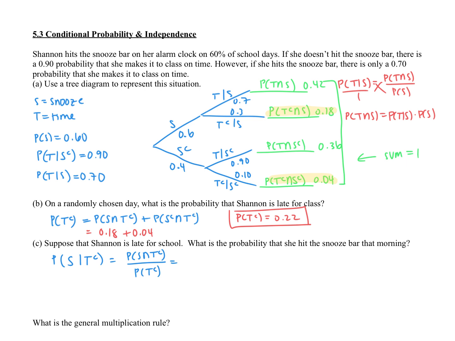Well, S and T complement, that's on the tree. So S and T complement, that's right here, 0.18. T complement, we just calculated above, was 0.22. And if you divide those, I'm going to tell you it ends up being about 0.82.